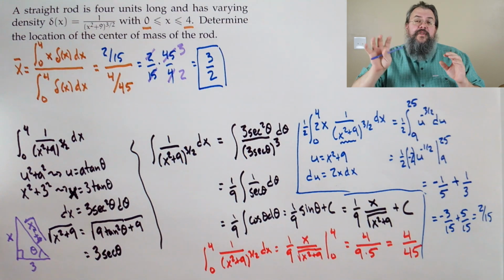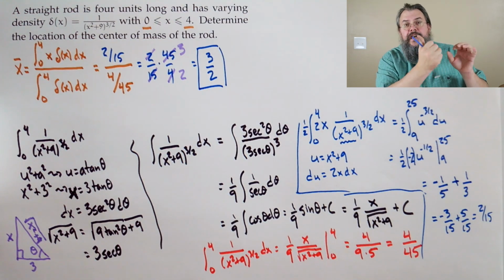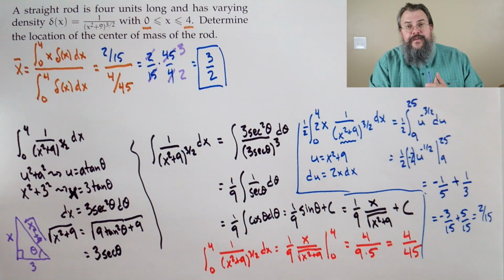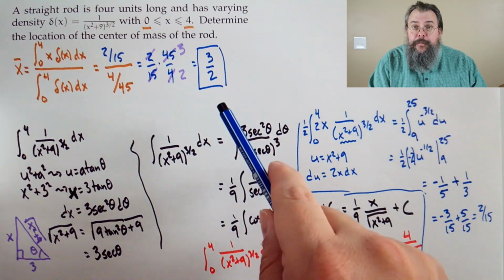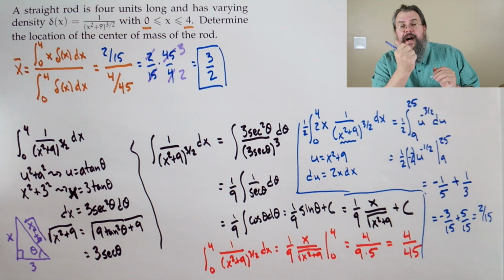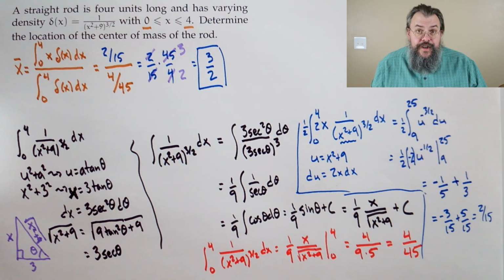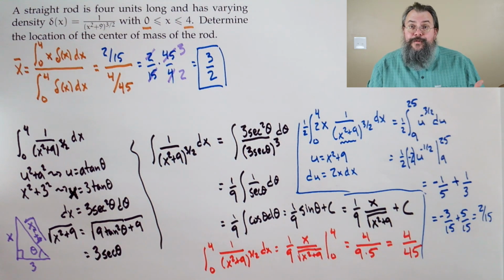So it says, ooh, I'm denser near 0 than I am at 4, so I should be a little bit biased towards 0. And that's what's happening with 3/2, right? Because the middle would be 2, so we're biased closer to 0 than we are to 4. So this is good. It's a sign that we probably did things right.